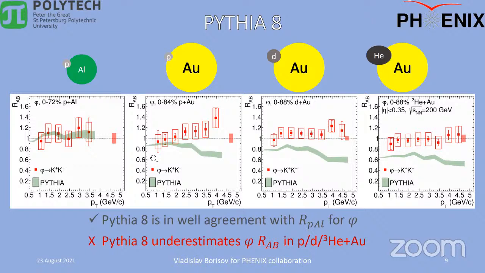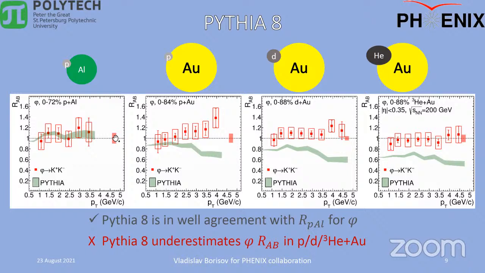The phi meson RAB were estimated following the procedure used for experimental data, as a ratio of the phi meson production spectrum in proton-aluminum, proton-gold, deuterium-gold, and helium-gold collisions, estimated with PYTHIA Angantyr, to the same hadron production spectrum in proton-proton collisions, estimated with PYTHIA8 at the same energy of 200 GeV, normalized by the same number of collisions values as in experiment. PYTHIA results are presented by a green curve.